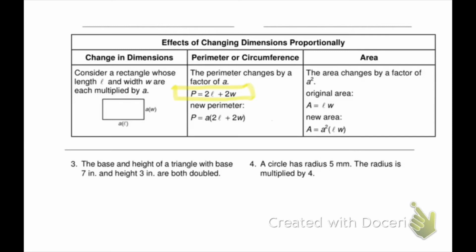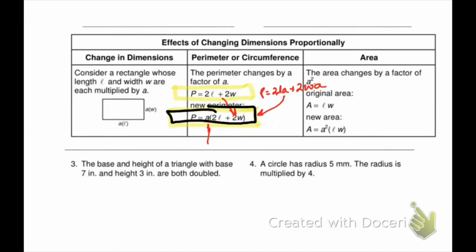My new perimeter is I'm going to take the original perimeter and just multiply it by a. Because really what we'd be doing, this would give me P is equal to 2LA plus 2WA, and then I factor out an A, factor out this A and this A, take it out, and I'll be left with this.